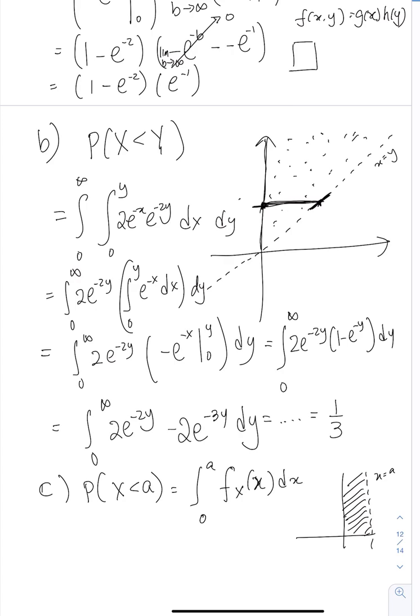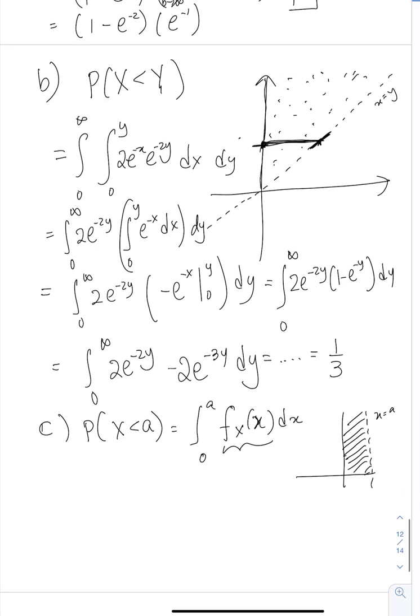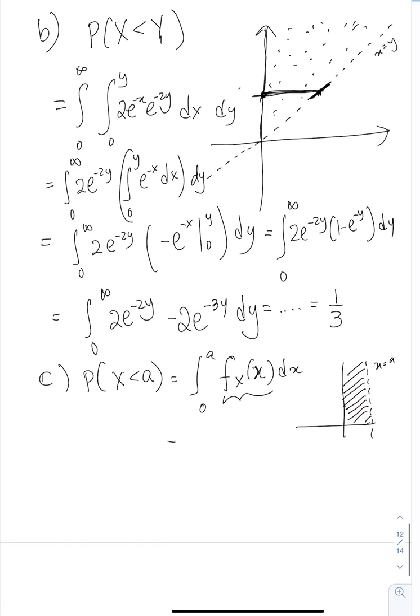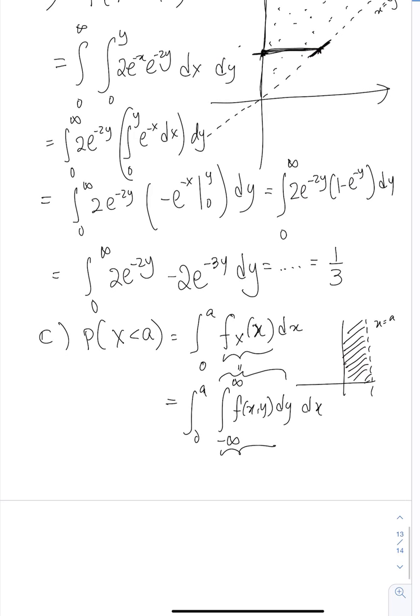The probability x less than a is the integral 0 to a of the density of x, which we know is the integral from minus infinity to infinity of the joint density. Or you could do an integral over this R2 region. It's all going to work out to be the same.